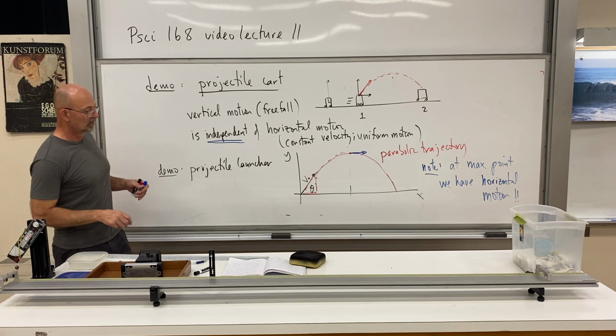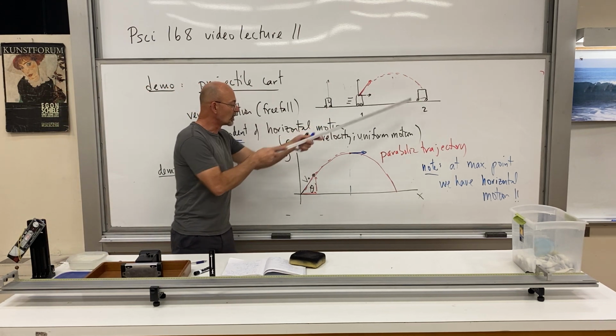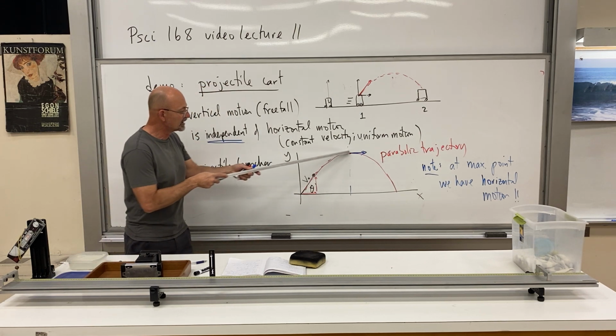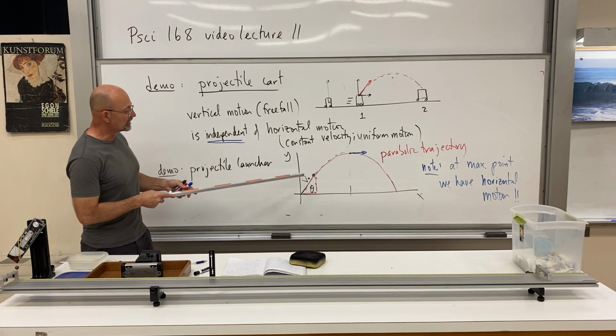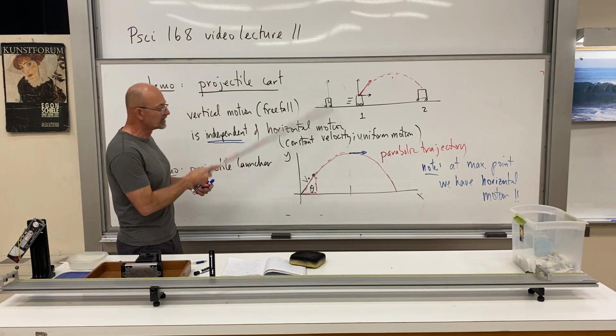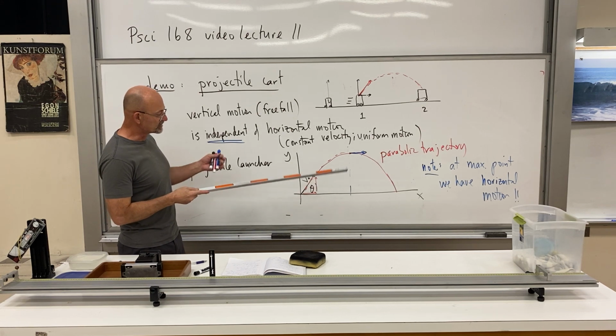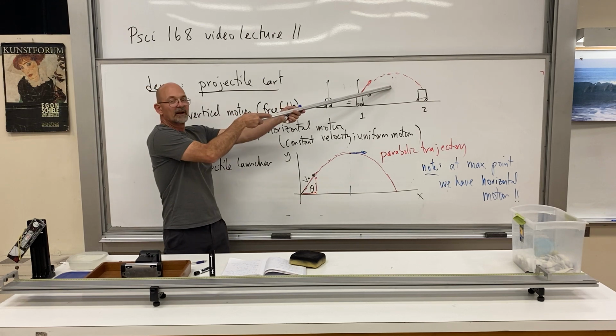Good. So this, by the way, this motion here with the cart, this motion with the cannon, they also are free fall. Okay, they're just free fall with an added horizontal component, but the vertical motion is completely just free fall. If you start from the top of the trajectory here or up here, doesn't matter.